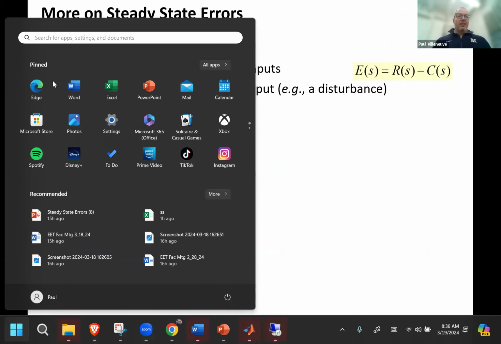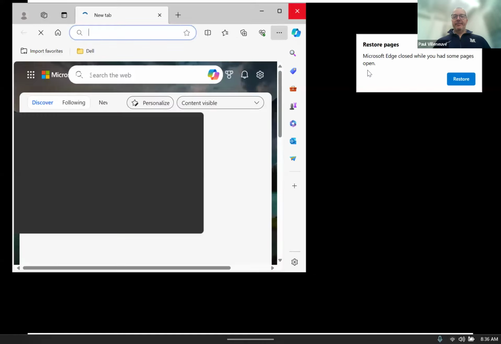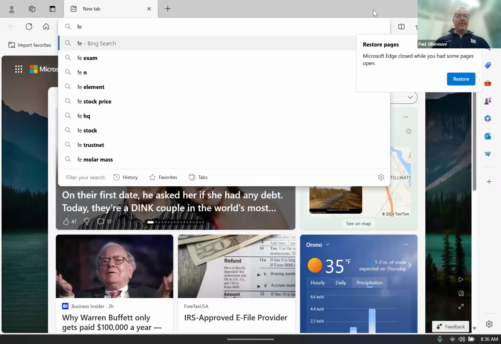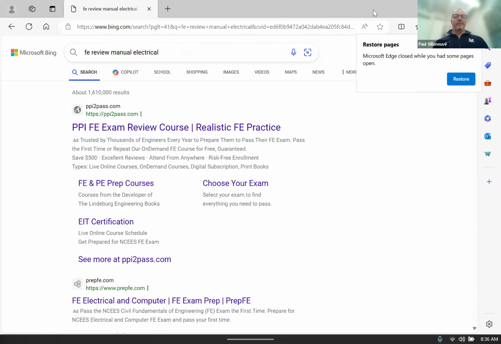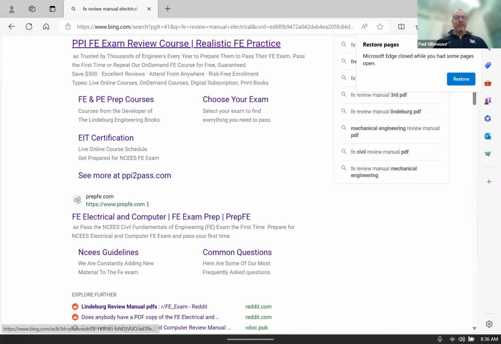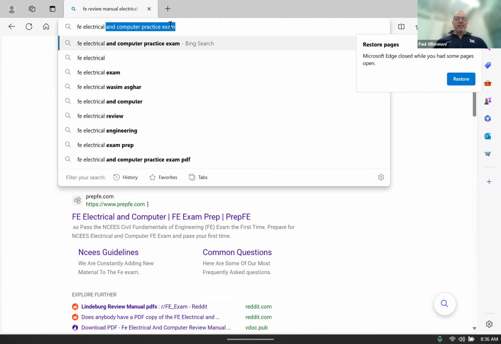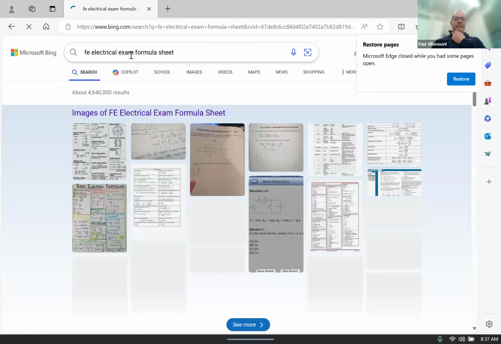Let's see if we can bring this up. Let me see if I can find this. I want the review manual. I want the FE electrical. What's the document called? See if we can find it in here.